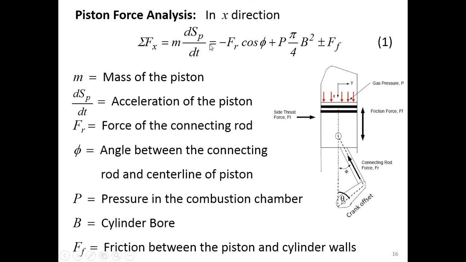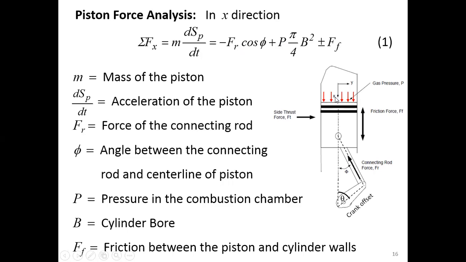This also equals all the forces that act on the piston in the x direction, such as the connecting rod force in the x direction and the pressure force in the x direction.